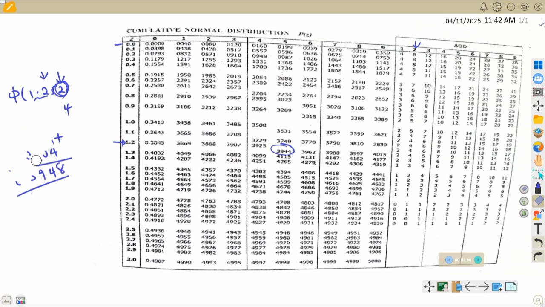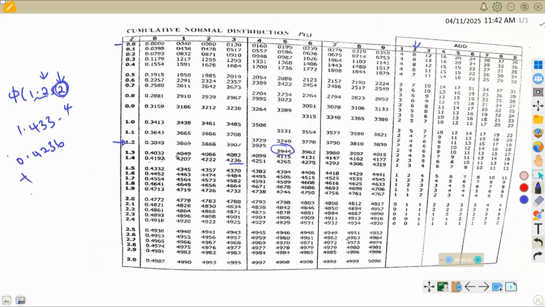So let us try to manipulate it from here. 1.433 is what we need from the tables. 1.43 is here: 1.4, then 3 is this. So that is 0.4236.